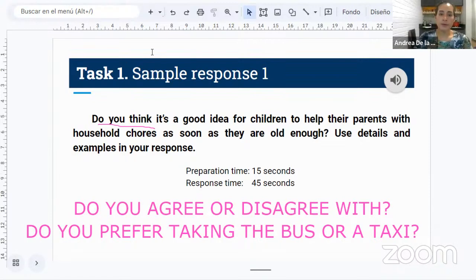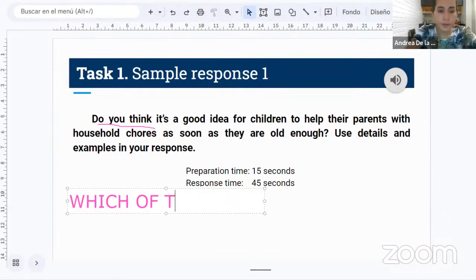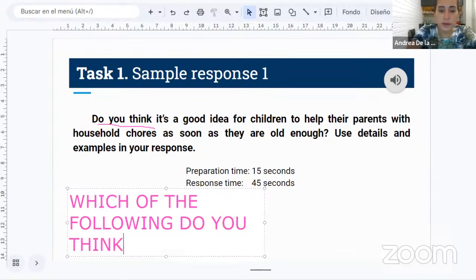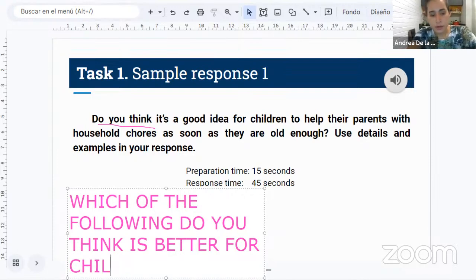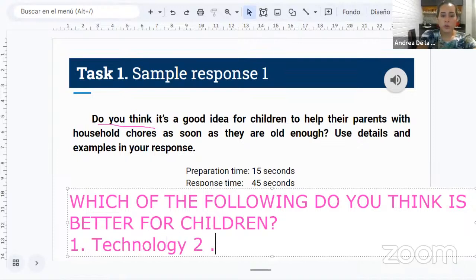Maybe you have something like, which of the following do you think is better for children, let's say? And then you have three options. Option one, technology. Option two, learning languages.